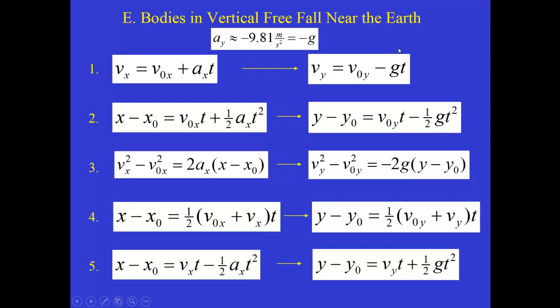So if we have free fall problems, we will use these 5 equations here, and I just wanted to show you this so that you'd realize these are not new equations. They're simply the original 5 kinematic equations, but used in the special case where the motion is in the y direction and has the constant acceleration value that's shown here.